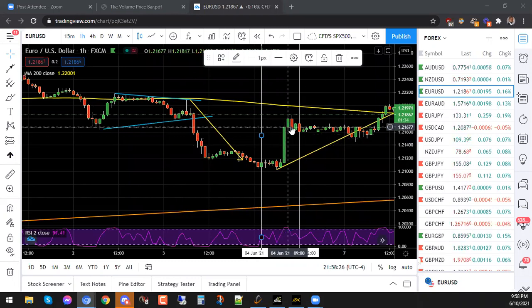If not, you will hold the trade until 12 p.m. Eastern Standard. So 12 p.m. Eastern Standard came in, you would definitely exit your trade, not get back in the market until around the next European session starts.